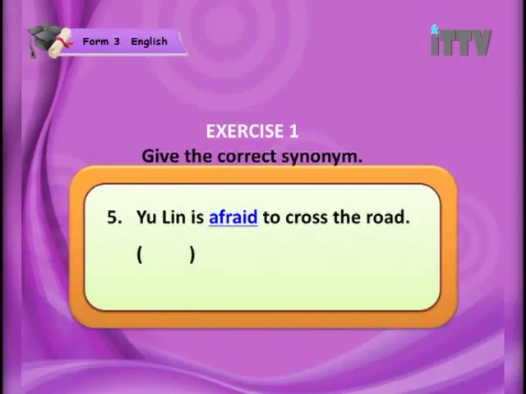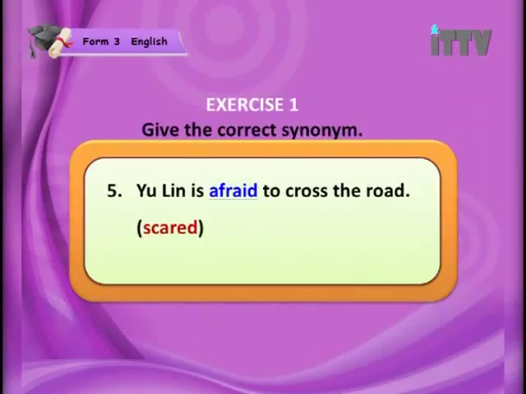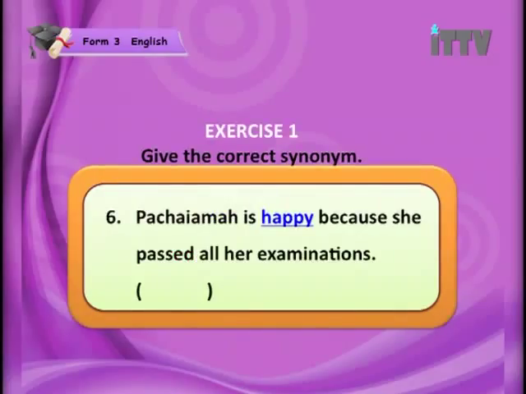Number 5, Yulin is afraid to cross the road. Got the answer? Let's look at it. Yulin is scared to cross the road. Number 6, Pachyama is happy because she passed all her examinations.